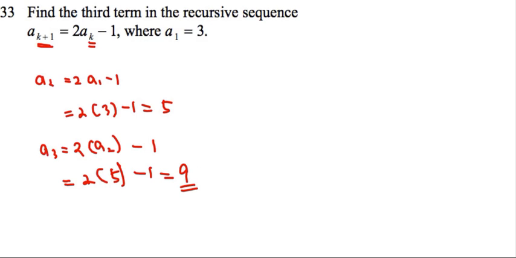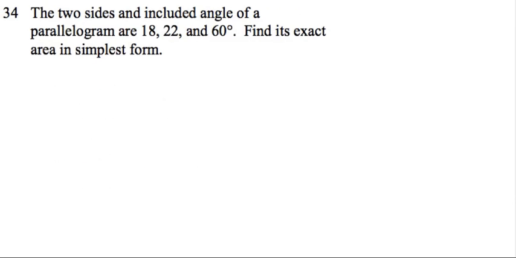Alright, let us move on to the next question. Number 34. If the two sides including an angle of a parallelogram are 18 and 22, and the angle is 60 degrees, find the exact area. So how do you find the area of the parallelogram?